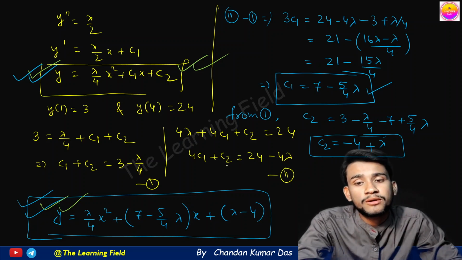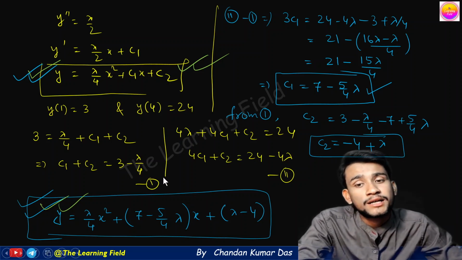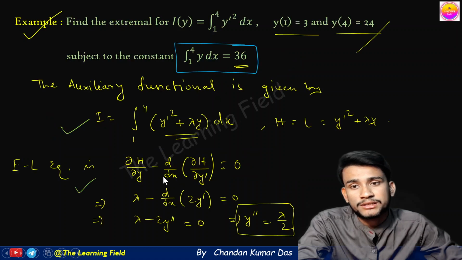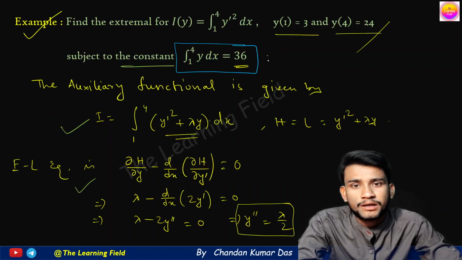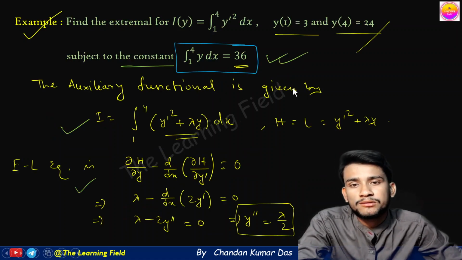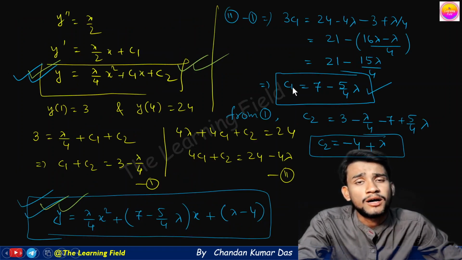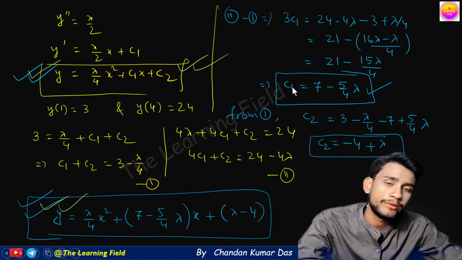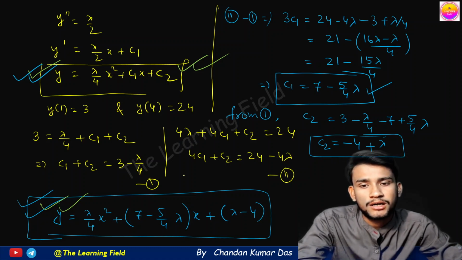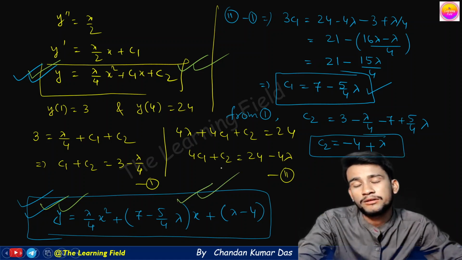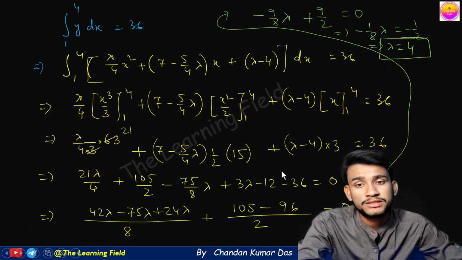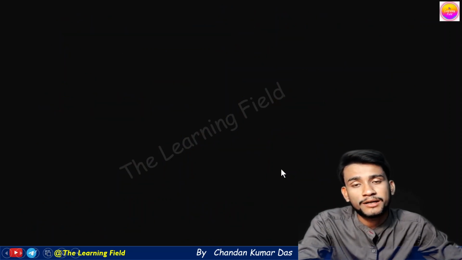Then put those values into the given constraint. This is the given constraint, integration y dx is equal to 36, and then solve it to get the value of lambda, and then put the value of lambda into the equation which includes the terms of lambda. Okay, so this is the complete procedure of the isoperimetric problem.